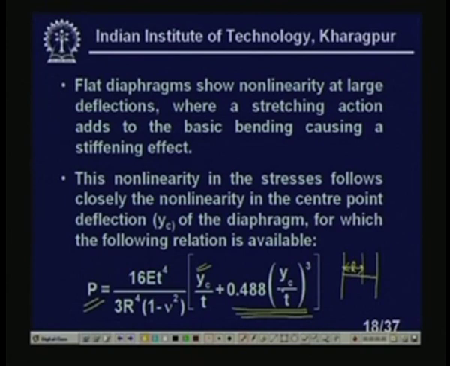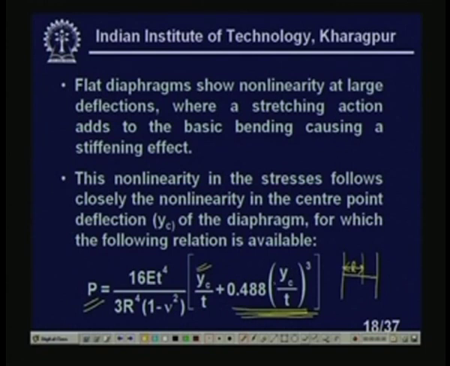You have to avoid this thing. That means this part should be very, very small compared to this part. So, you can see very easily, if YC is very, very small compared to T, we can neglect this part, so nonlinearity will be less. If YC is higher, then the nonlinearity will be higher, and we cannot neglect this term.